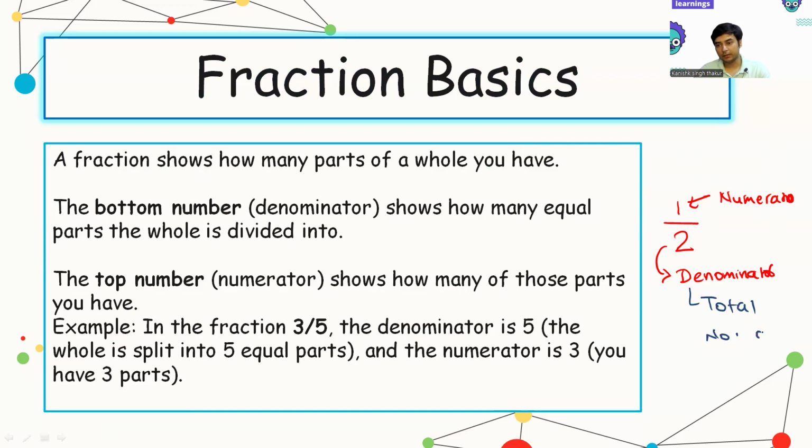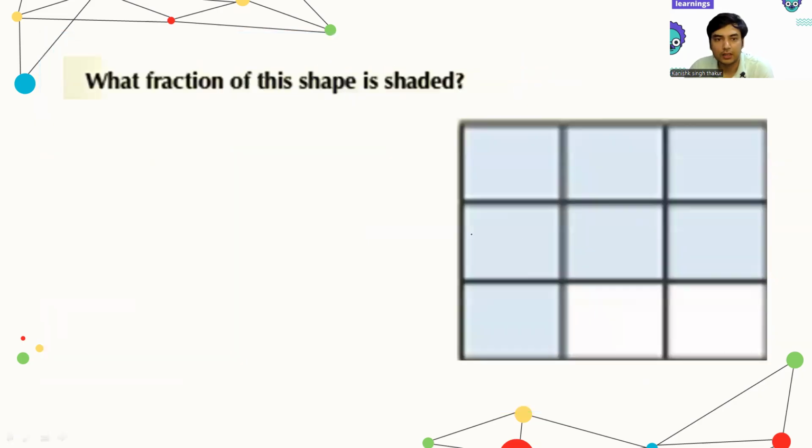The numerator means the parts you have chosen. So the bottom number is the denominator, the top number is the numerator; the numerator is the parts you have chosen, and the denominator is the total number of parts.